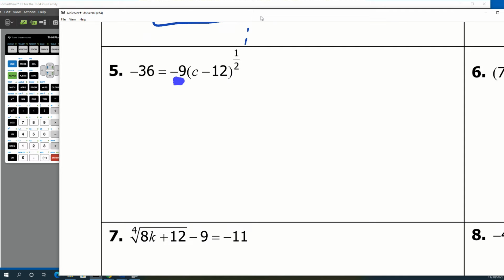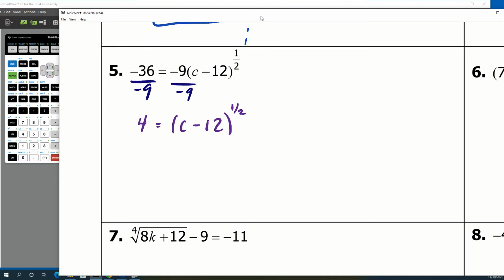Well, what's going on between the -9 and those parentheses? Multiplication. So if I want to get rid of it, I'm going to divide by it. Right?